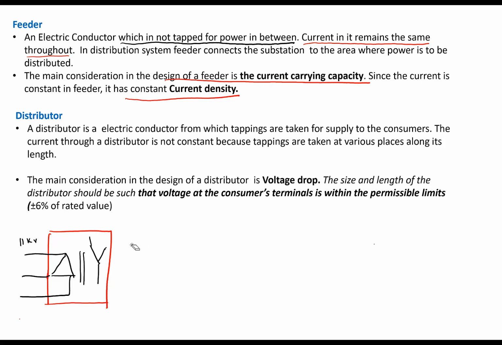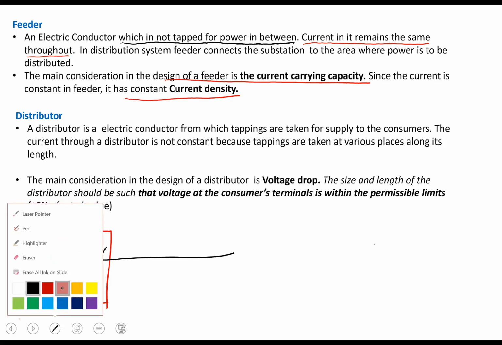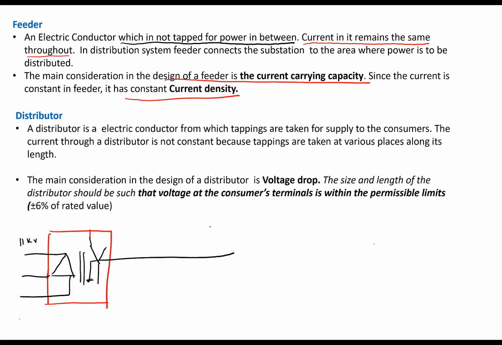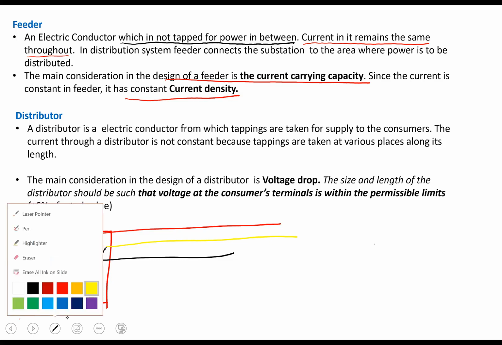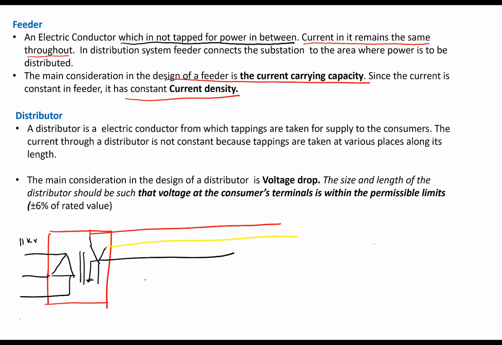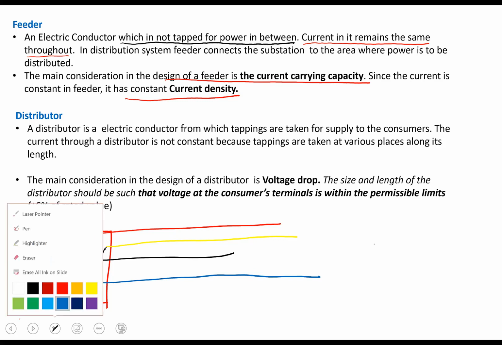From there, if you observe, this star point will be grounded usually. So one R phase conductor will go, one Y phase conductor will go, yellow phase conductor, and one blue phase conductor will go. So this is a distributor that runs in front of your house.